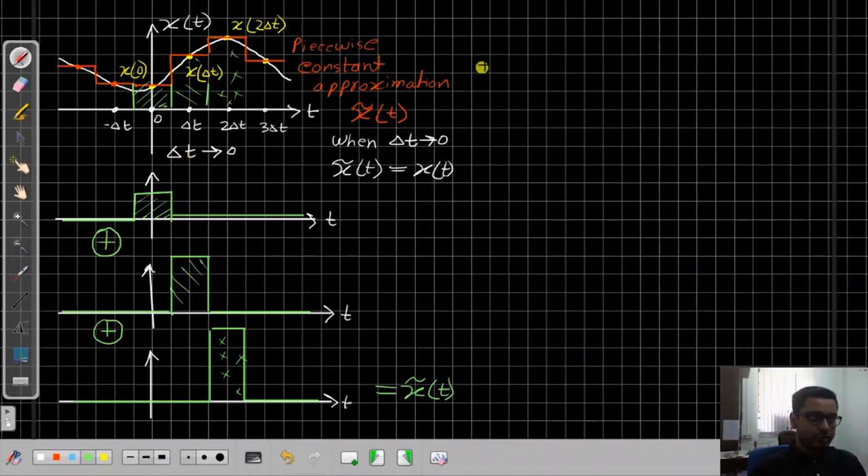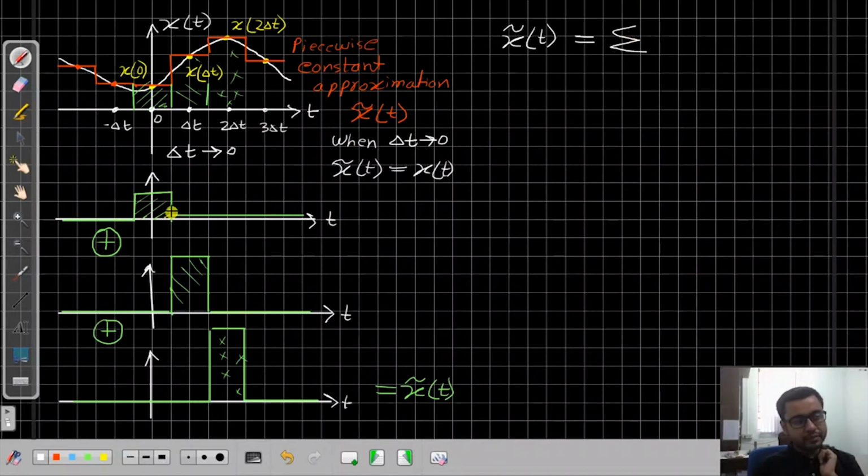Okay, so therefore I can write x tilde(t) as a sum of all these signals. Now we need some mathematical expression for this signal and this signal and this signal, so that I can write it here and add them up.